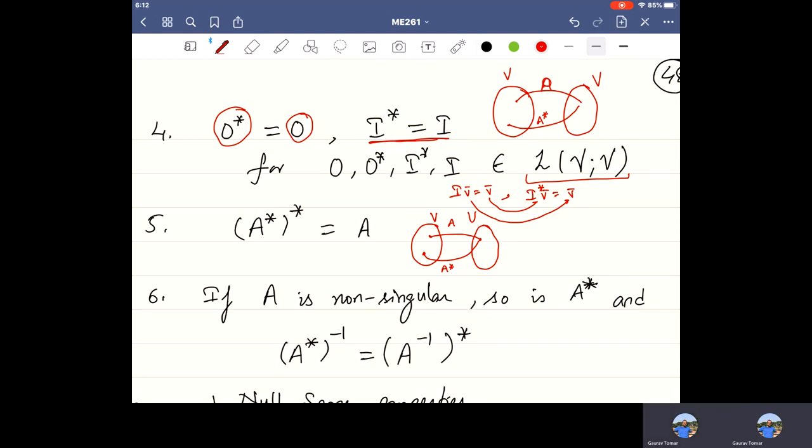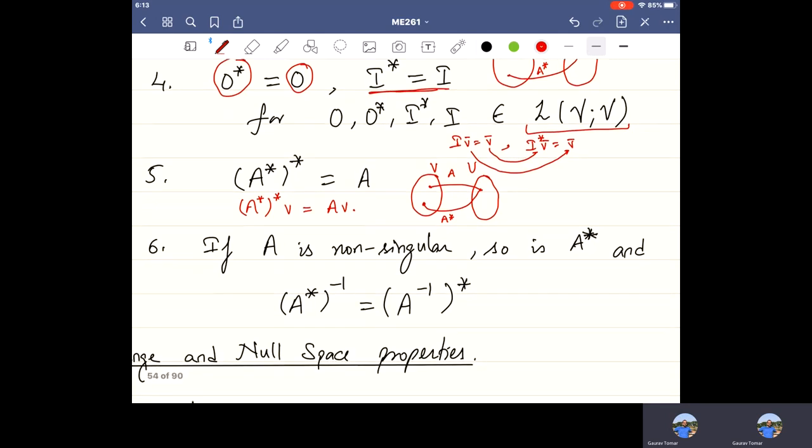And then if you take the transpose of A star, you will end up back here. So that will be the same as the original mapping. So if you have a mapping which is A star star of B, that will be the same as saying A of B. So that's what it will mean. That's the mapping that you get.